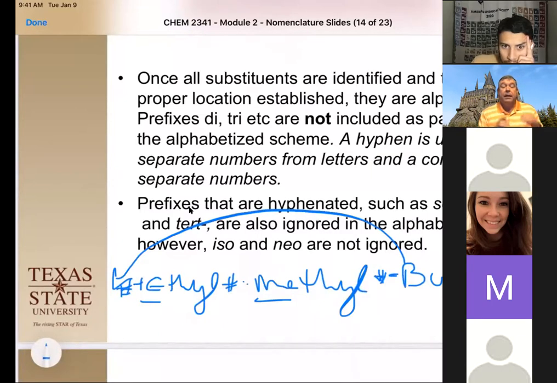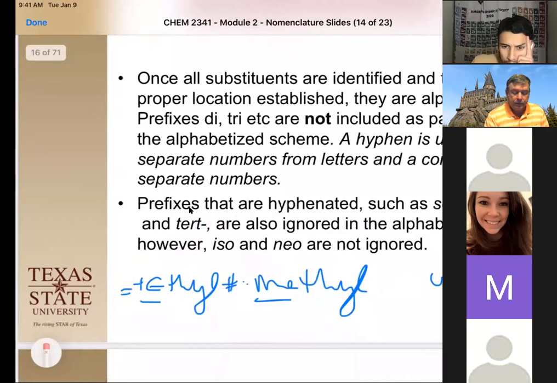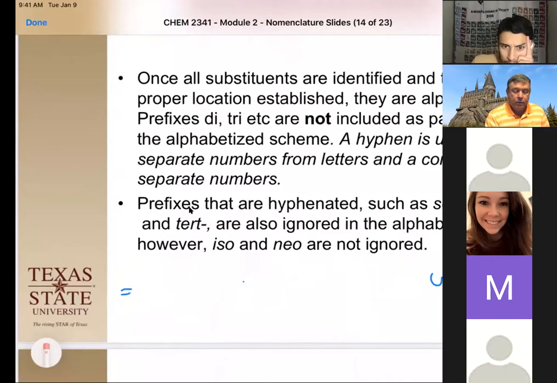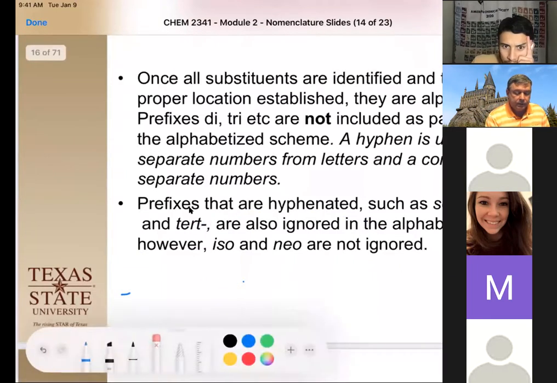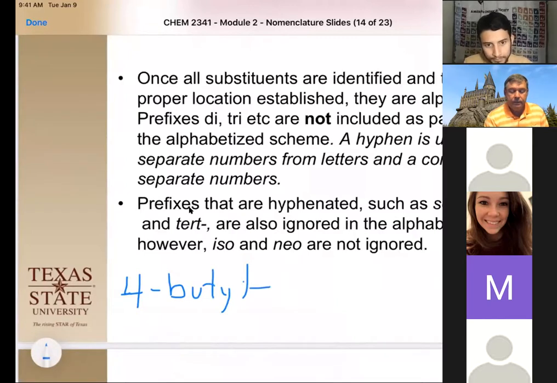Now, to make sure we're correctly assigning our number to the substituent, let me rewrite these. We put the substituent where it is. So for example, 4-butyl, hyphen, 3-ethyl, hyphen, 6-methyl.